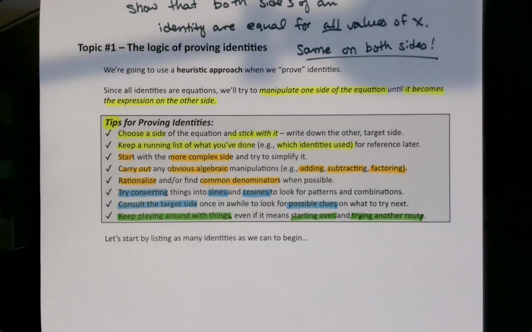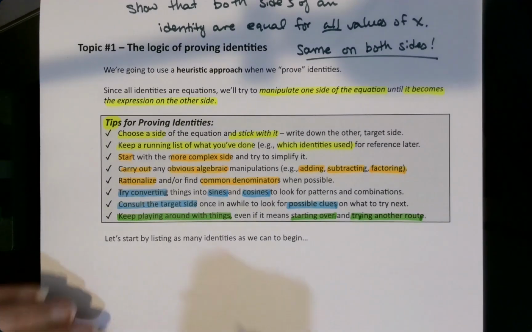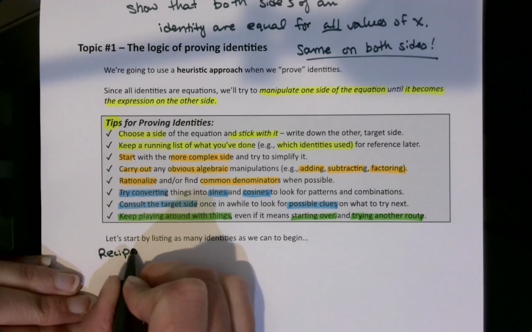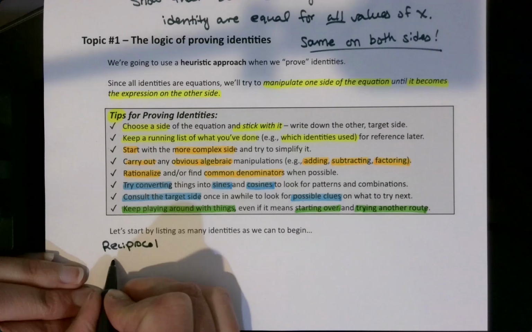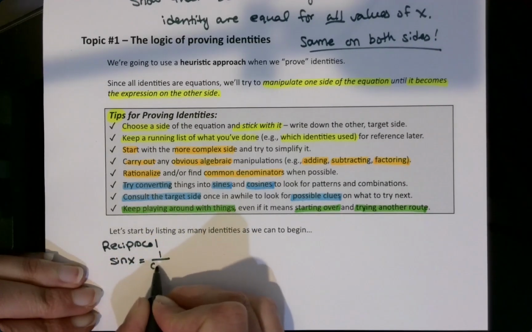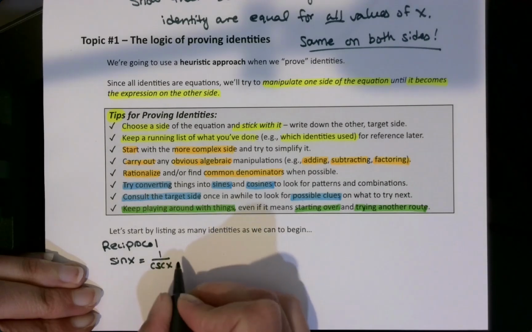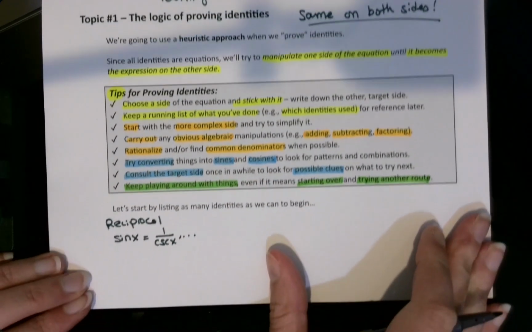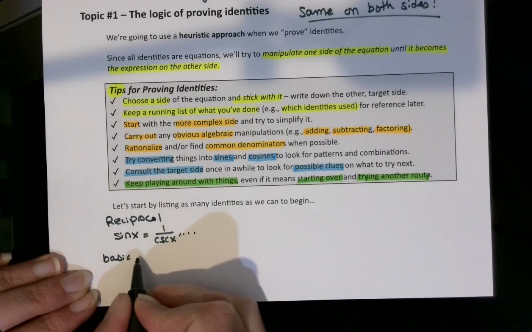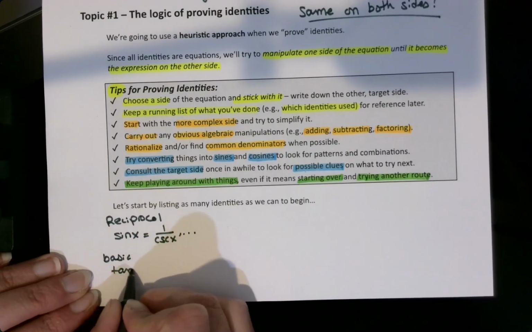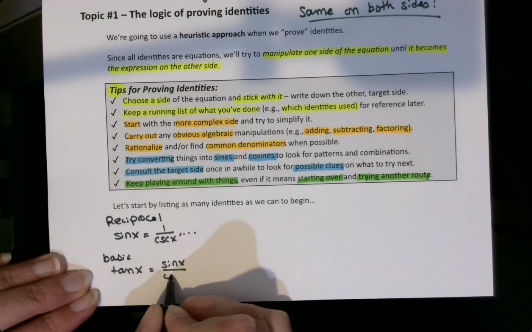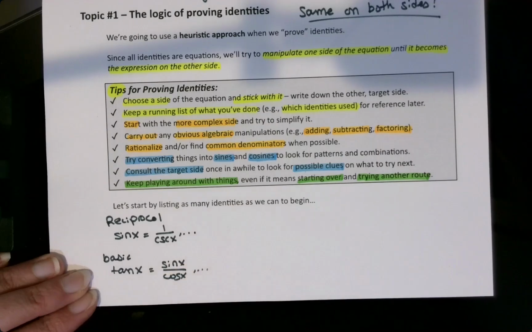So I'm not going to be able to list the entire identities on this page, but let's think about our reciprocal identities. So that would be things like sine of x equals 1 over cosecant of x, etc. We have our basic identities, such as tangent of x equals sine of x over cosine of x, and so on.